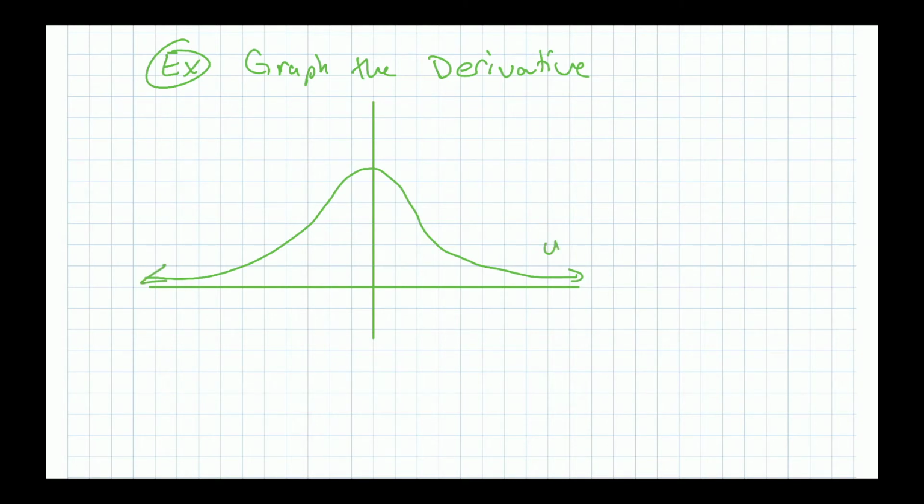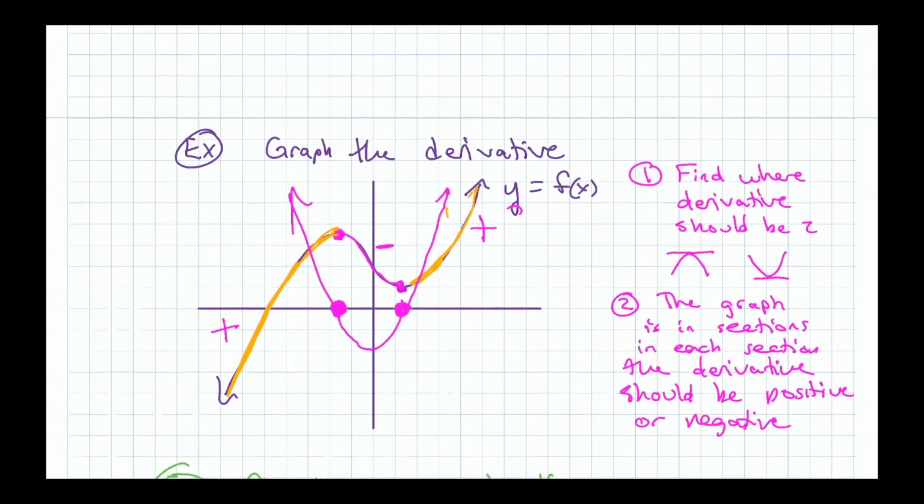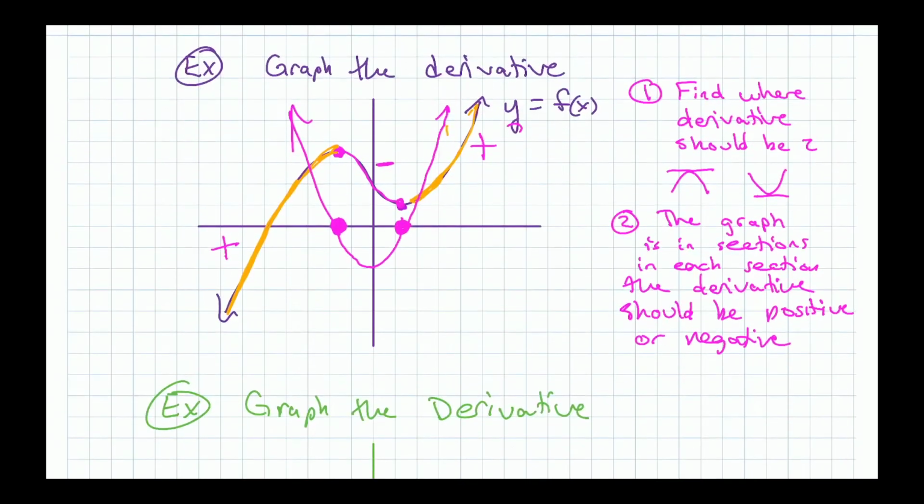So this is the graph of y equals f of x, and we want the graph of the derivative, which, by the way, over here I should have labeled it maybe like y equals f prime of x.